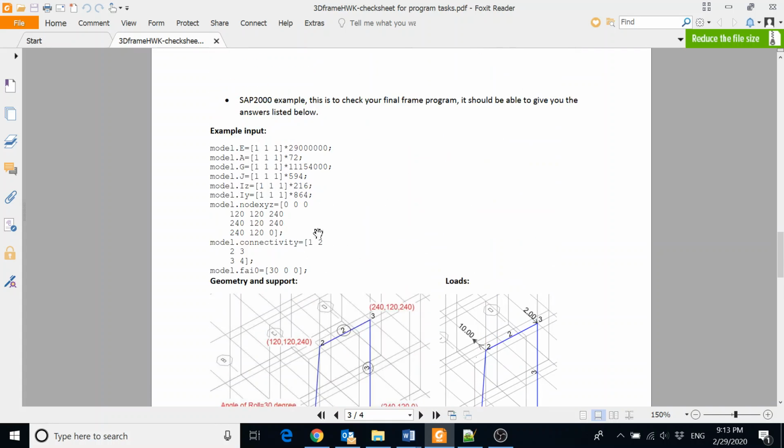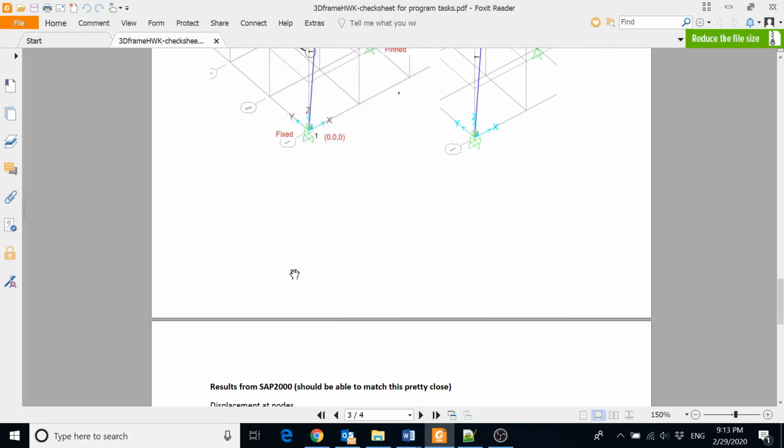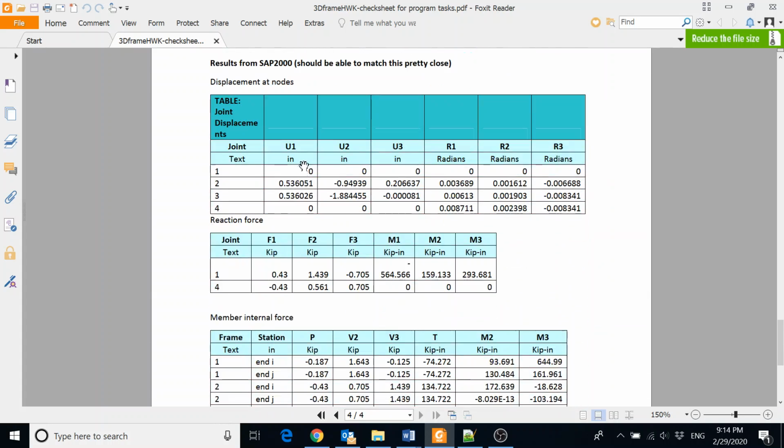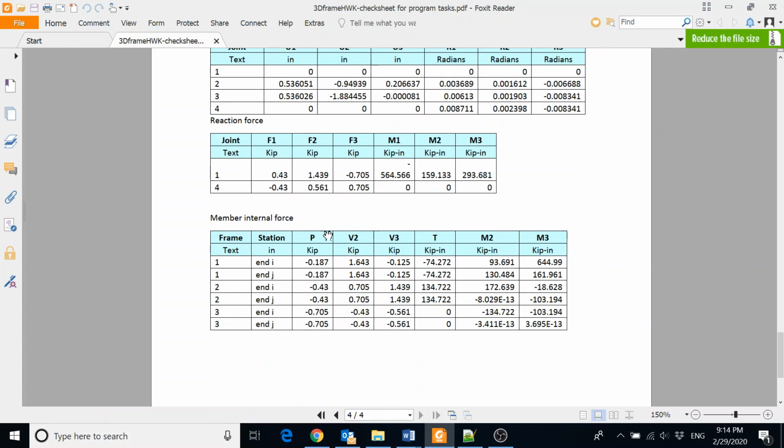Or you can just run your program if you get that far. And then you should be able to get the joint displacement and the rotation like this, get reaction force like this, and then get your internal forces like this.